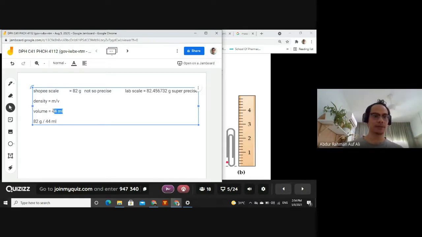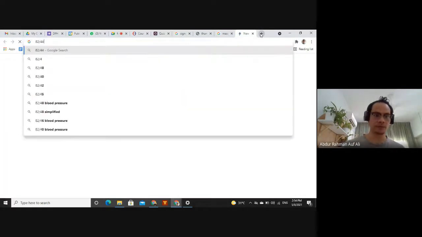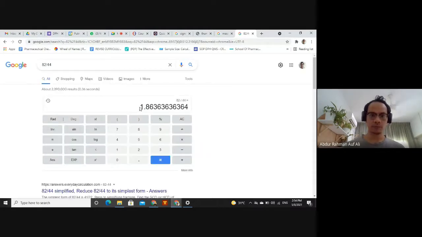Katakanlah somehow I determine the volume of this block of soap and it is 44 milliliter. So to determine the density, I need to divide the mass divide by 44. 82 divide by 44. So kalau saya calculate kat sini, value dia adalah 1.86 ni.